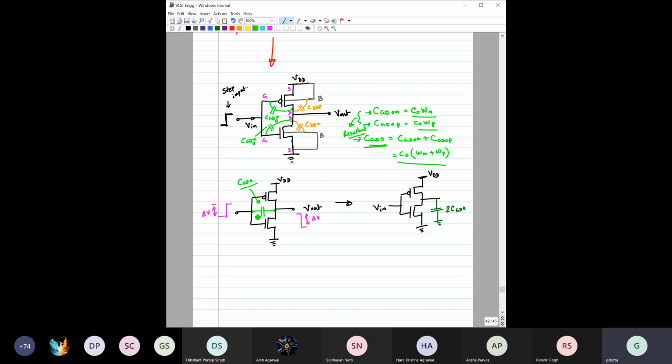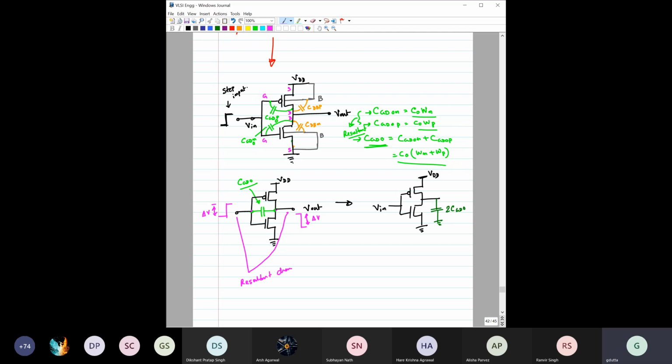Now if you consider the input-output relation for this capacitor, when the input side changes by delta V, then the output, because it is an inverter, will change by minus delta V, right? Then what is the resultant change between the two terminals of this capacitor?